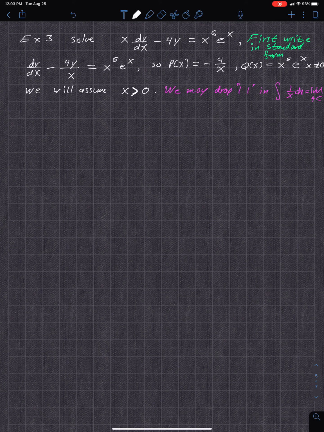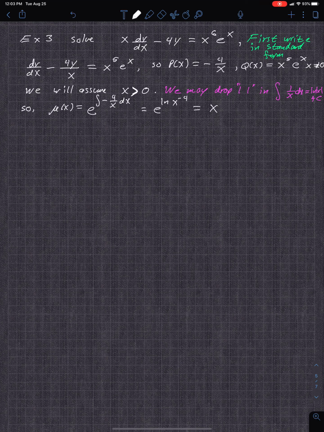All right, so what is next? Calculating mu. Mu of x is equal to e raised to the integral of negative 4 over x dx. So when you calculate that, that's just e to the ln x to the negative 4, and you apply a property of exponents.